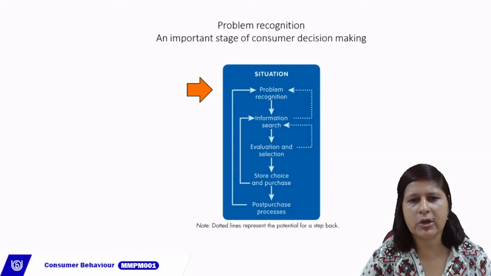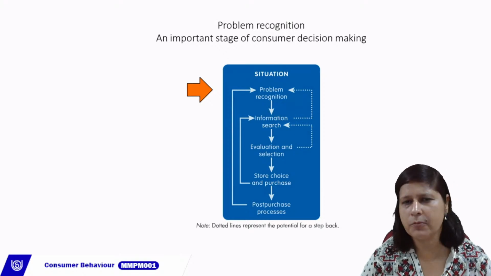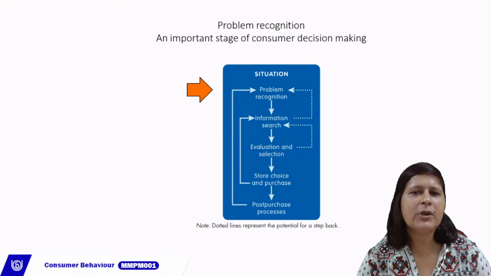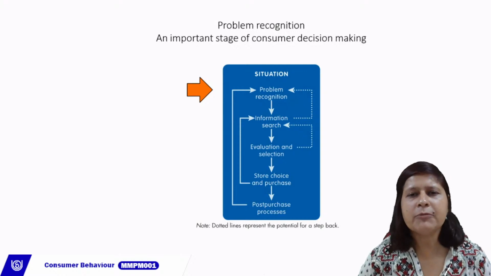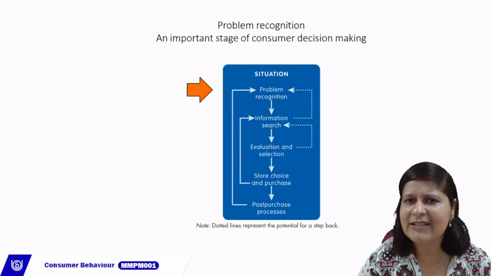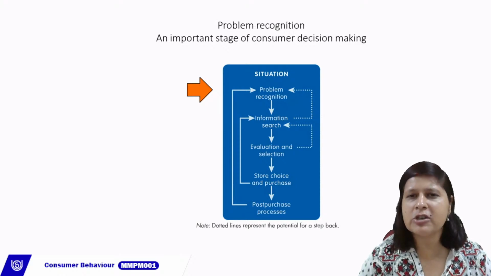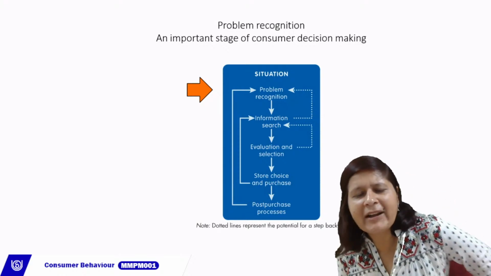Problem recognition is an important stage of consumer decision making. It is very important that the problem should be recognized. If one cannot recognize the problem, then the decision could lead to a bad decision.